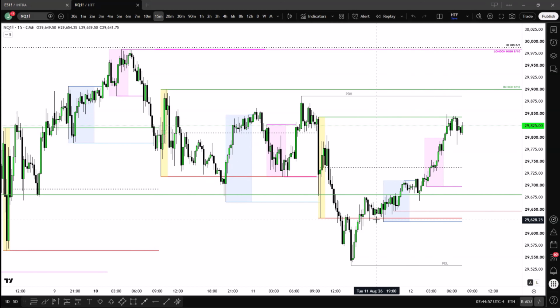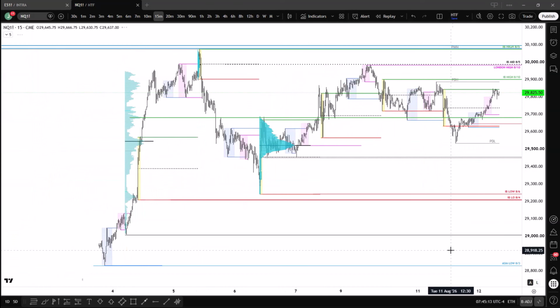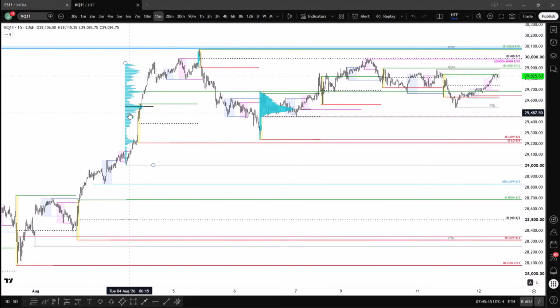The CRT and the 4-hour fair value gap also give you a narrative. The 15-minute off the 4-hour gives you the execution. And these are some examples of how you can use volume profile using Dale's 3 main setups: the trend continuation setup, the rejection setup, and the volume accumulation setup.